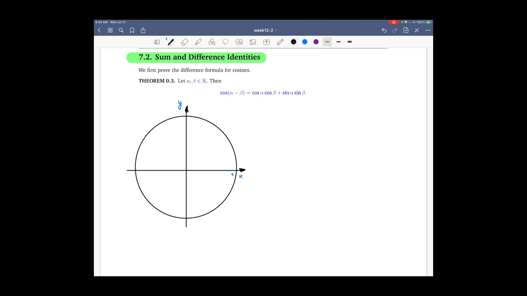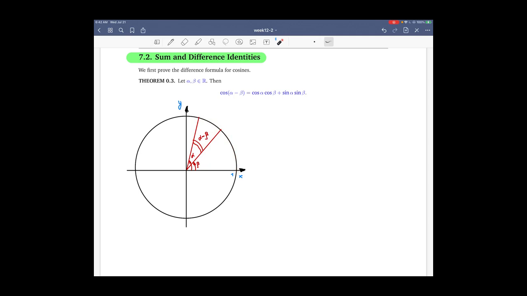So let's say alpha here is this angle and beta is this angle, so that this measures to alpha minus beta, this being alpha, this being beta, so the leftover is the difference, alpha minus beta.